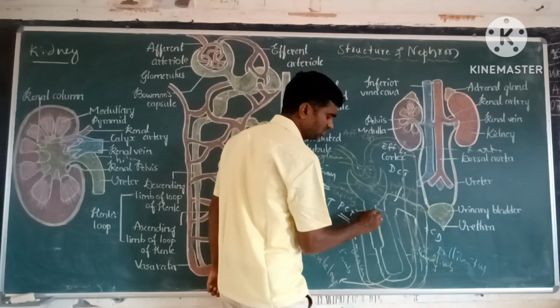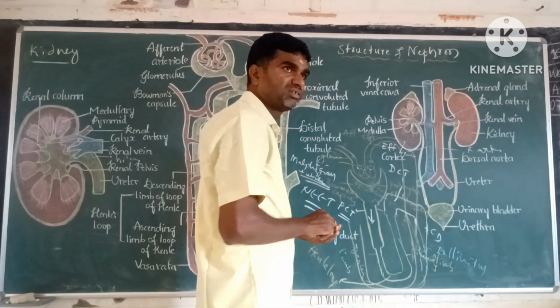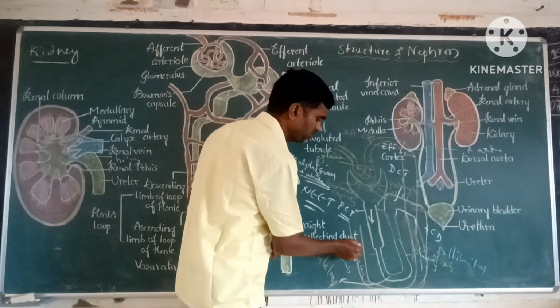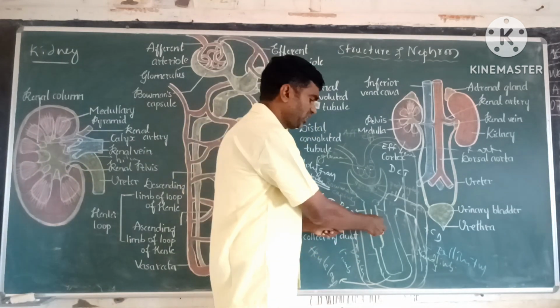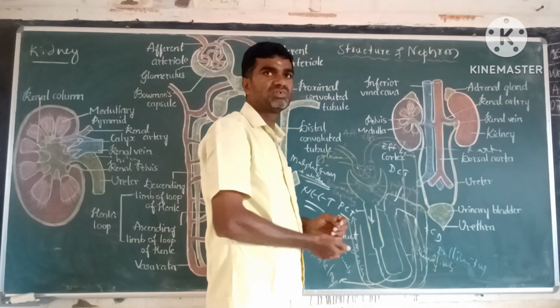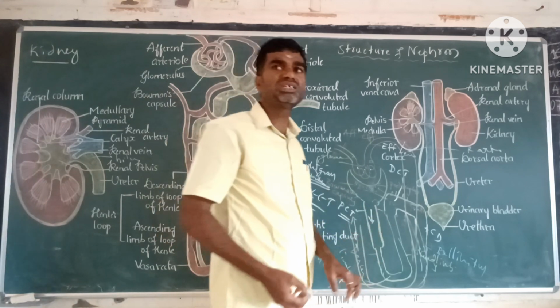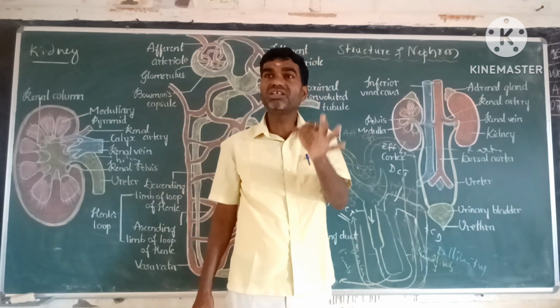The urine is passing one way, and the blood is passing the opposite way. So both are anti-parallel. This mechanism is called the counter current mechanism.